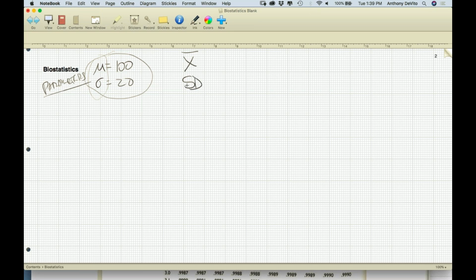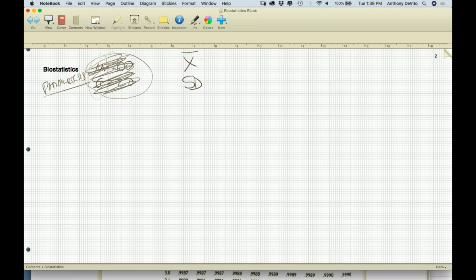because I want to distinguish between the mean I get from a sample and the mean of the population, the real mean of the population. The problem here is that we never know this. The only way to know the mean and the standard deviation of a population is to measure everybody in the population.